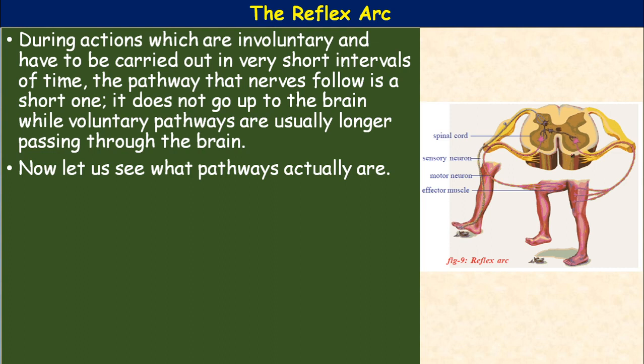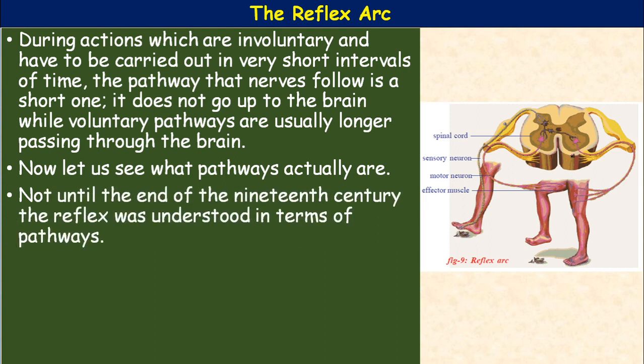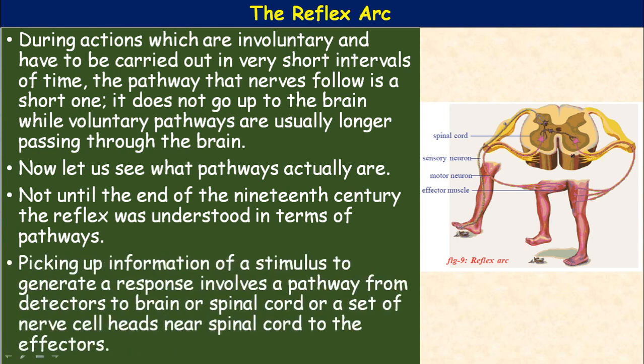So now let us see what pathways actually are. Not until the end of the 19th century were reflexes understood in terms of pathways. Picking up information of a stimulus to generate a response involves a pathway from the detector to the brain or spinal cord, or a set of nerve cells near the spinal cord, to the effector organ.